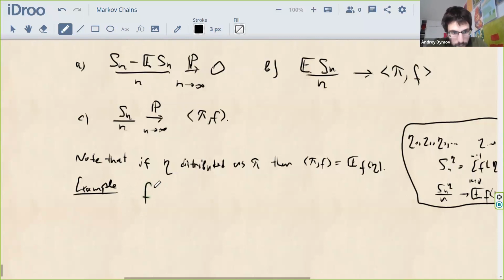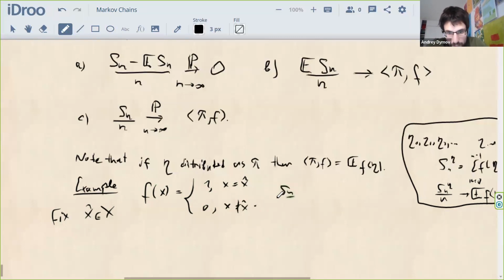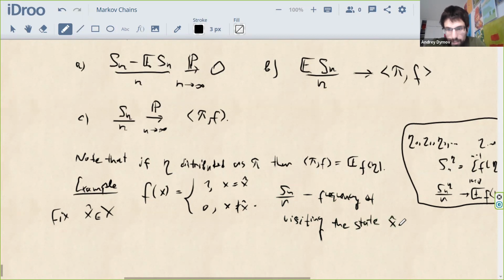So, example: I consider the same functions that I have already considered. I fix some state x hat, and I consider the function which equals 1 if x coincides with x hat and 0 otherwise. Then we have already discussed that Sn over n is the frequency of visiting the state x hat.